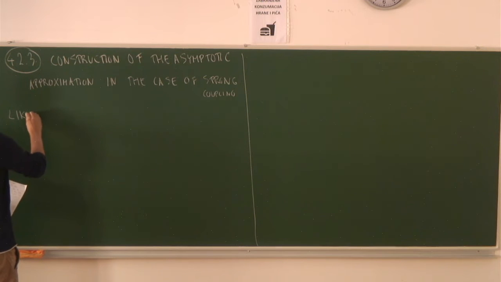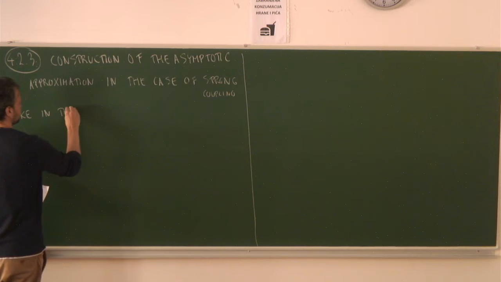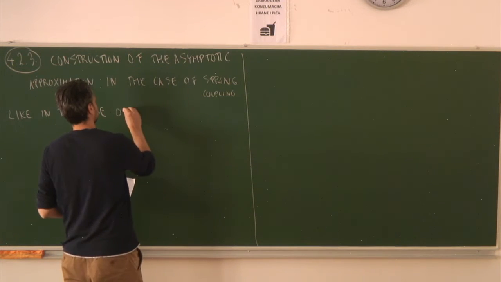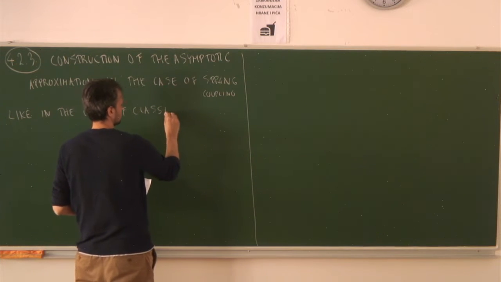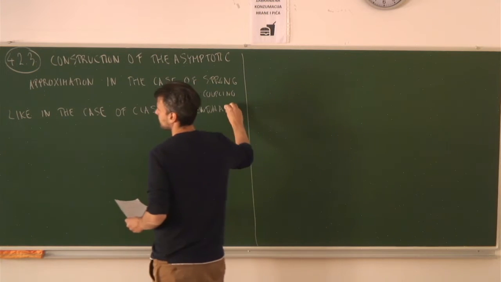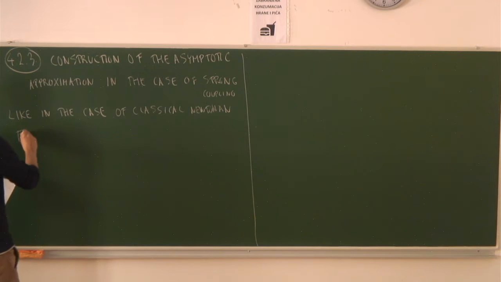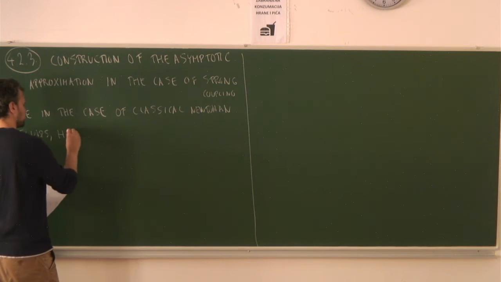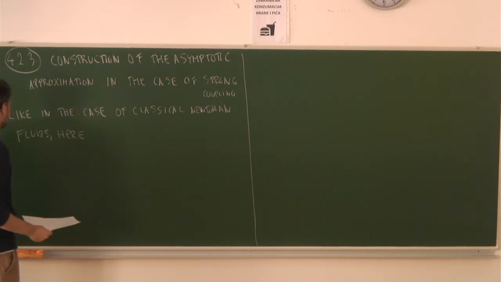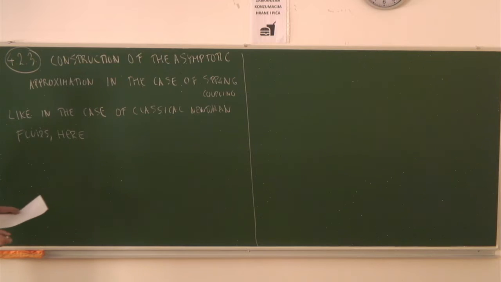So like in the case of classical Newtonian fluids, here we also expect, which is of course reasonable, that you have different behavior when you have a thin pipe without any variations in the pipe, and a junction, where basically you will have a different problem.